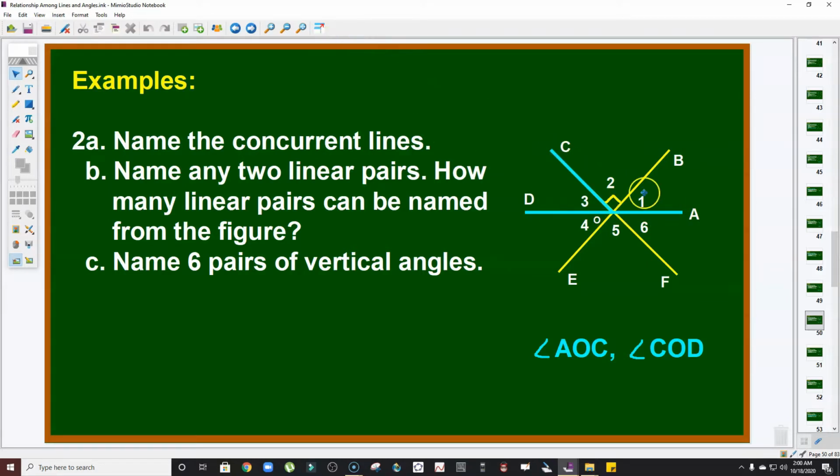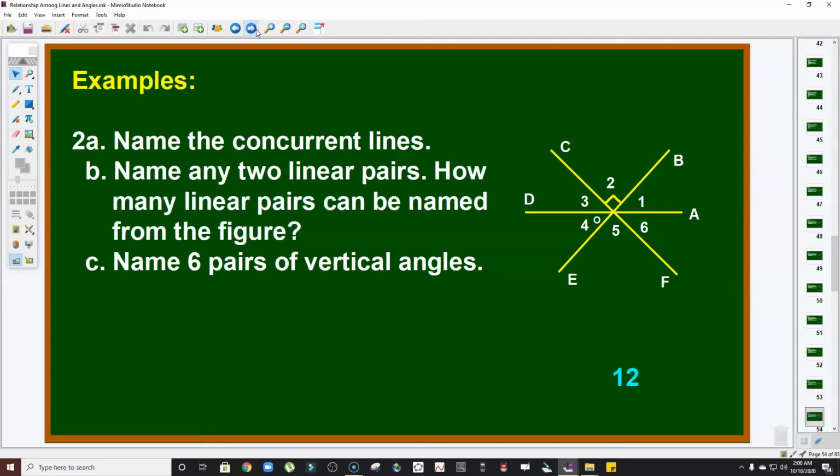So with AO as one side, I already have 2. Next, with BO or angle 2, that's 1 linear pair. This is another, with BO as the initial side, so two. So therefore, the question is, how many? The answer is 12. See that?